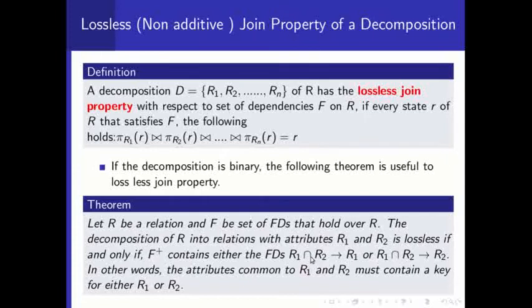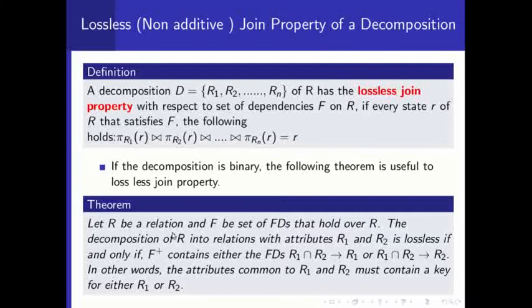There is a theorem which will be helpful to determine whether a binary decomposition is lossless. Let R be a relational schema, divided into two relation schemas R1 and R2. Whether this binary decomposition is lossless or not, we have an easy method to check, and this theorem will help for that.